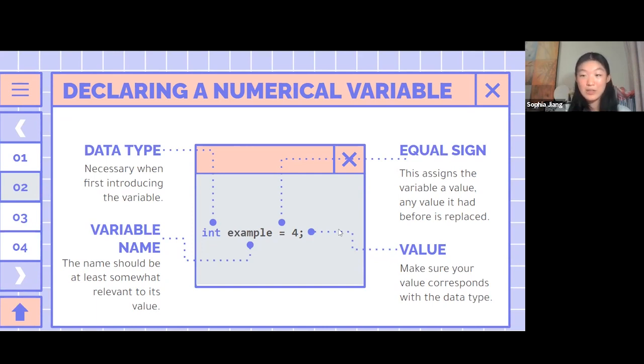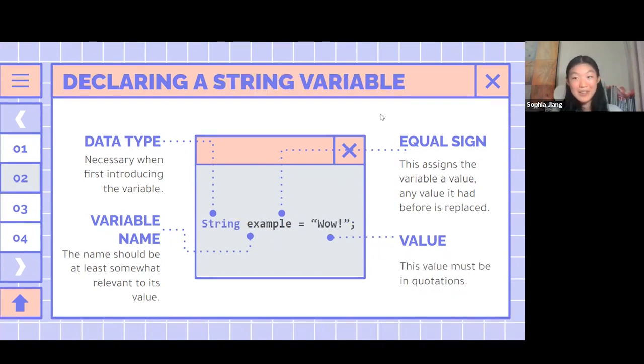Next, we have the equal sign. We want to say that this variable is equal to this value, and then the variable will be assigned that value. Finally, you say what the value is. And don't forget your semicolon at the end. For a string, it's pretty similar, except, as I mentioned before, don't forget the quotation marks.